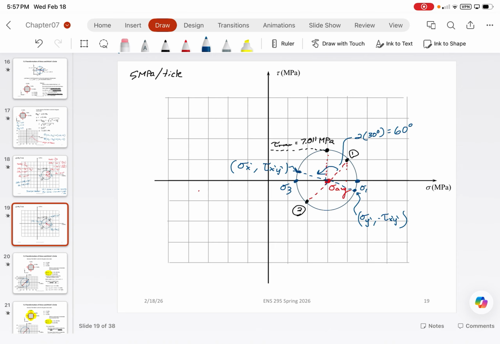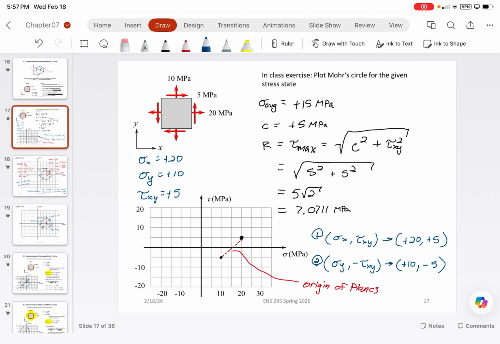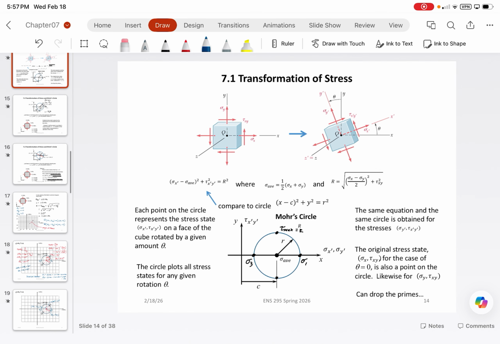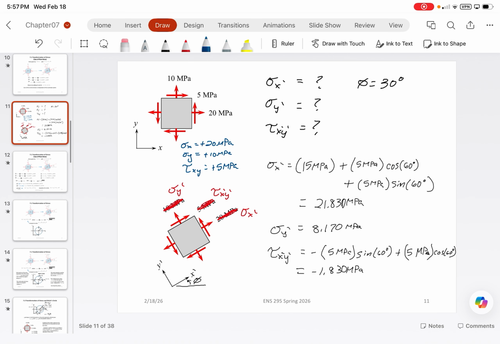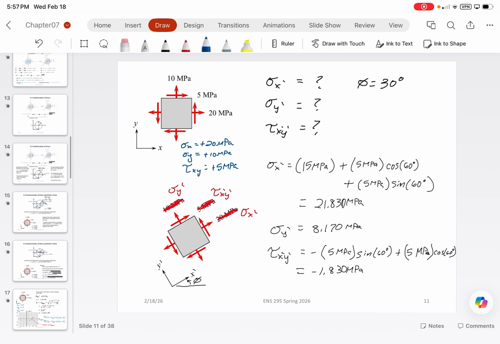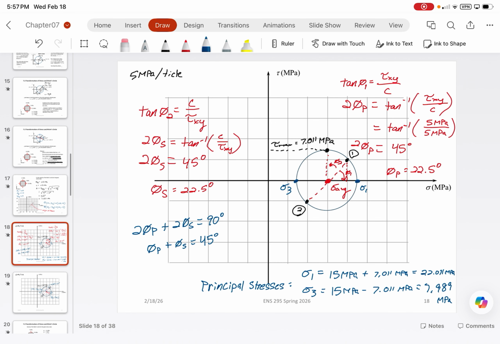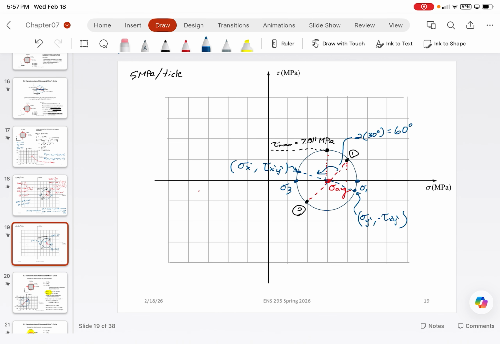You would have one of your normal stresses equaling, where is it, 21.83, then 8.17. So that's what this point roughly is. This is that 21.83 term, this is your 8.17, and then obviously tau xy is just tau xy prime. Make sense? Awesome.